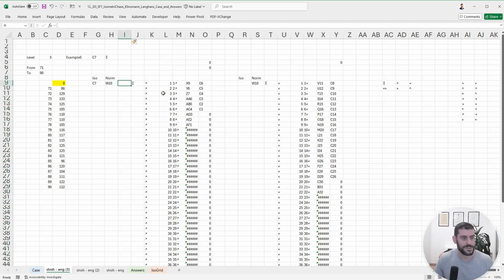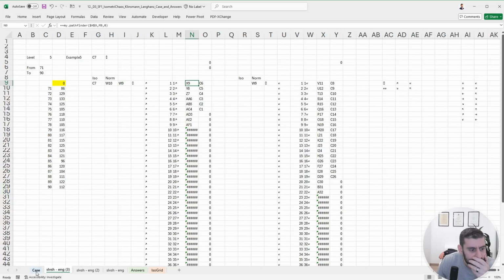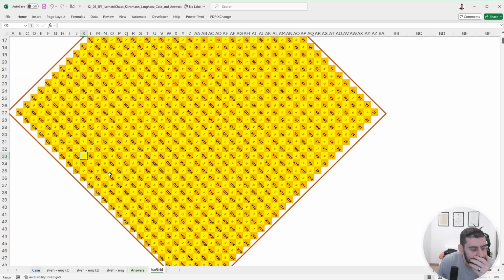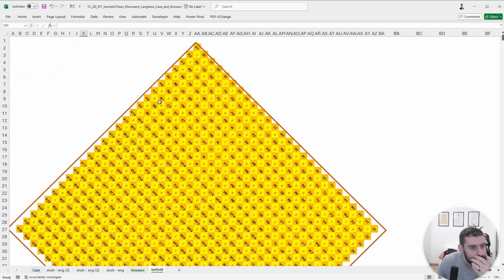So what I did was Pathfinder this 1 up, and so referencing this C7, so this is C7 means W9 means X8.